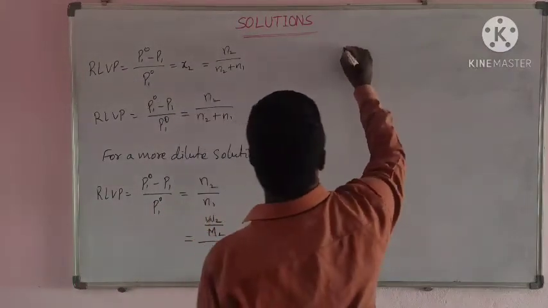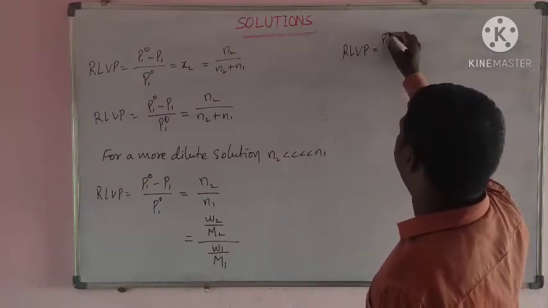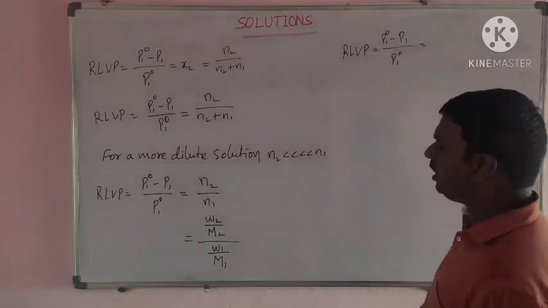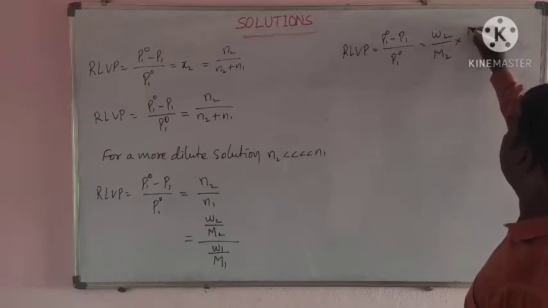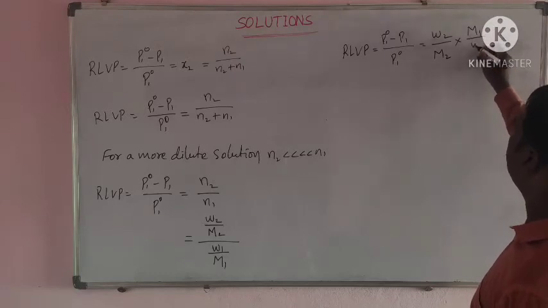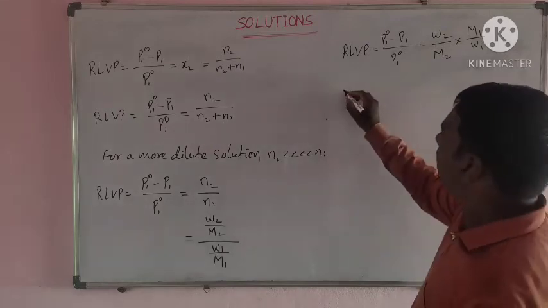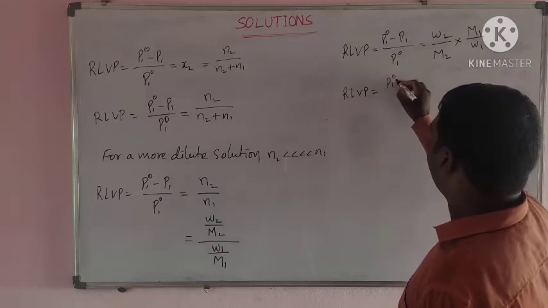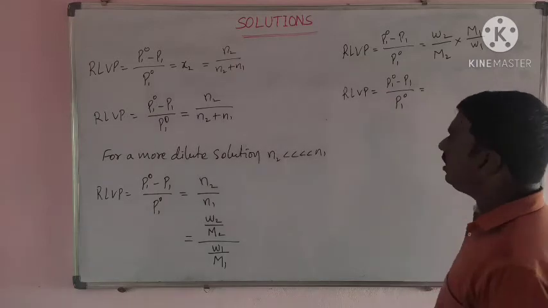Here RLVP is equals P1 naught minus P1 by P1 naught, that is equals W2 by M2 into M1 by W1.